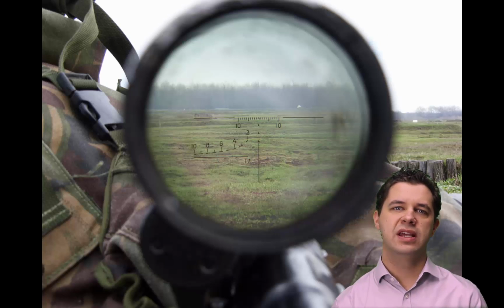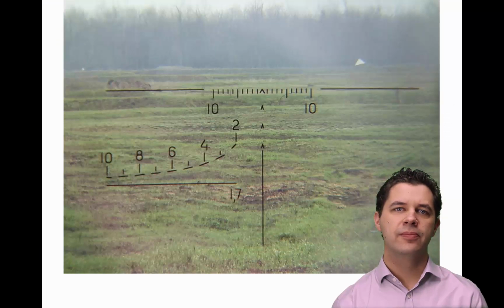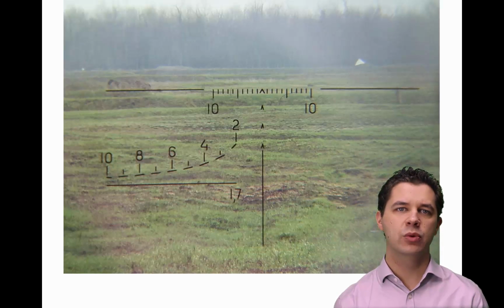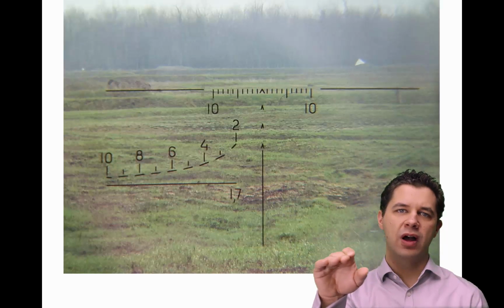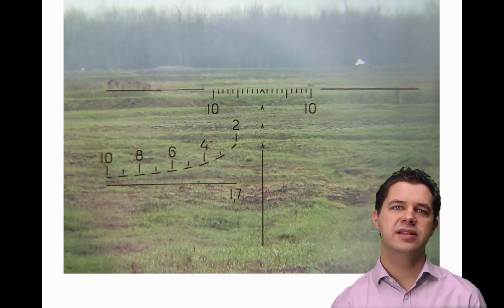So here's a view that we'd see through a typical scope, and if we zoom into that a little bit, we can see that we've got grid lines or marks on there which help with our range finding. Essentially what we do is we line up a person with these range finding graduations, and it will tell us how far away that person is.